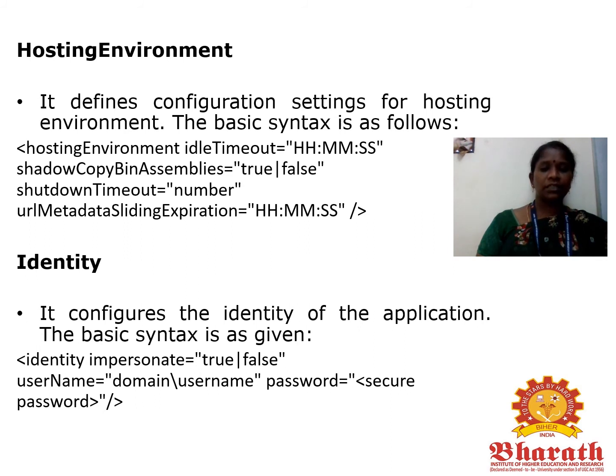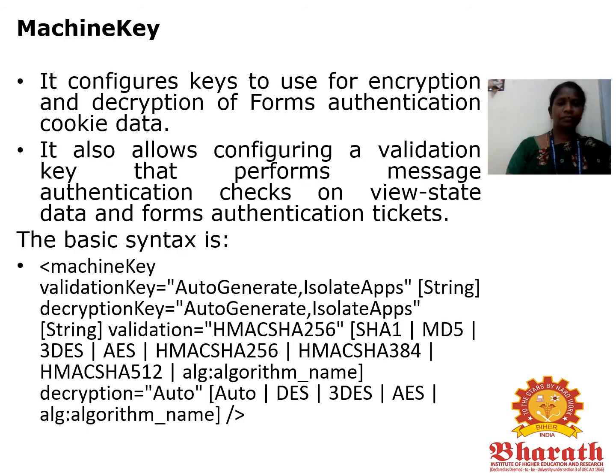Next, identity. Identity configures the identity of the application. The basic syntax is identity with impersonate, true or false. The main things are domain name, username equal to domain username, and password, the secured password.